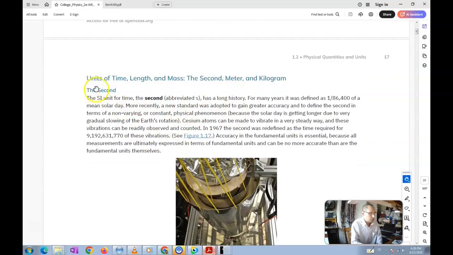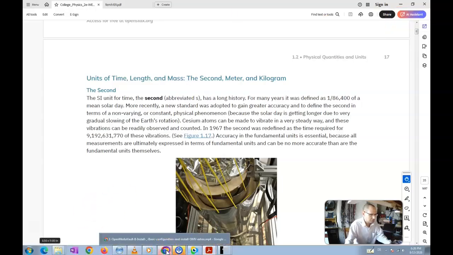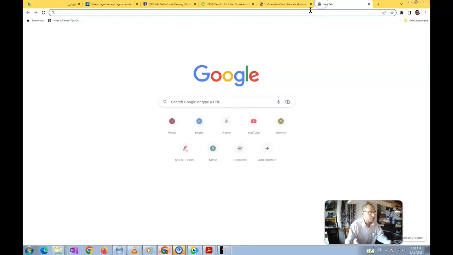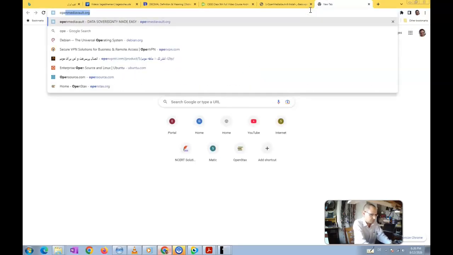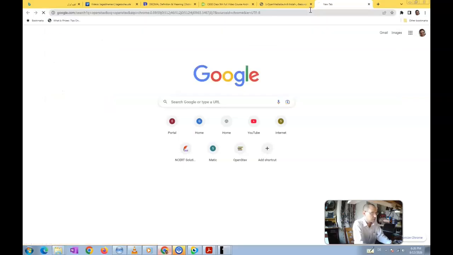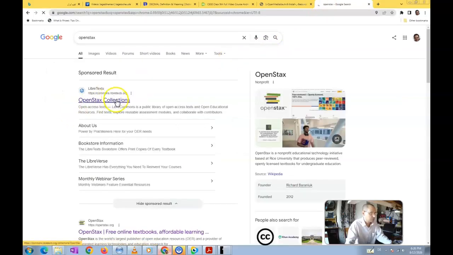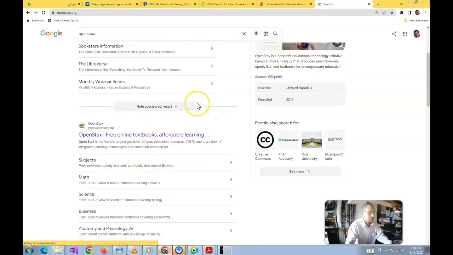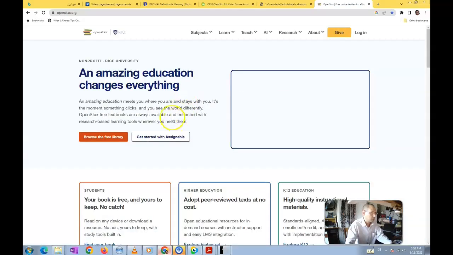And then if you want to read over here, although we will get to all of these in physics, you can go to openstax.org.